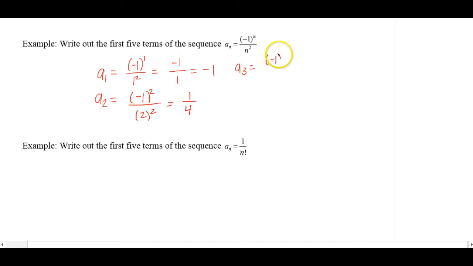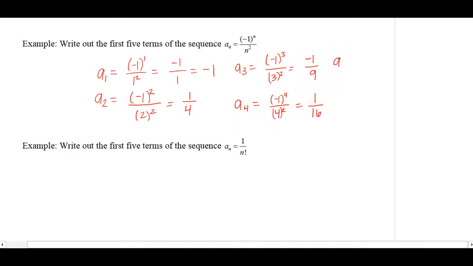I'm going to have negative 1 to the 3rd power over 3 squared. 3 negatives multiplied together still give me a negative, and 3 squared is 9. Then a sub 4: negative 1 to the 4th over 4 squared. 4 negatives gives me a positive, and 4 squared gives me 16.